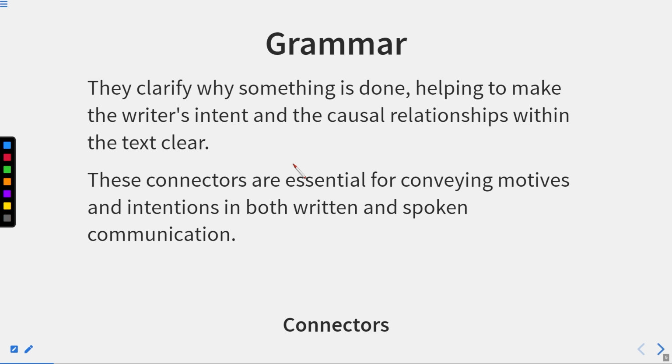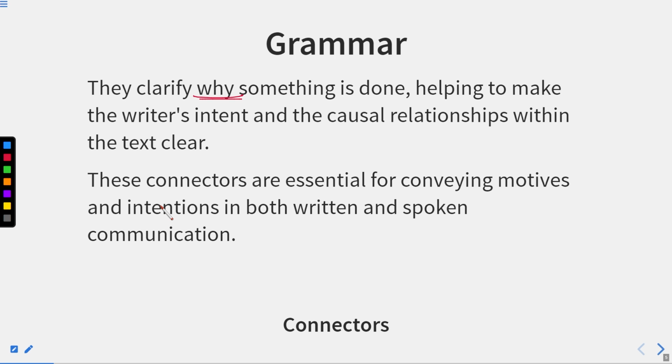They clarify why something is done. So this is a very important keyword over here, that is why. Why something happened, why something is done. Helping to make the writer's intent and the causal relationships within the text clear. These connectors are essential for conveying motives and intentions in both written and spoken communication.